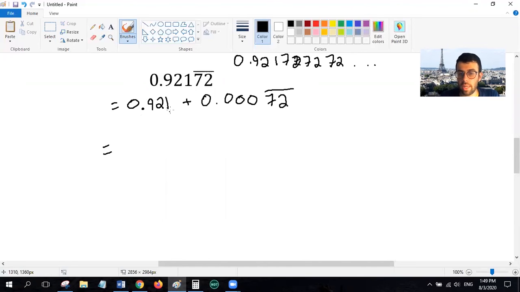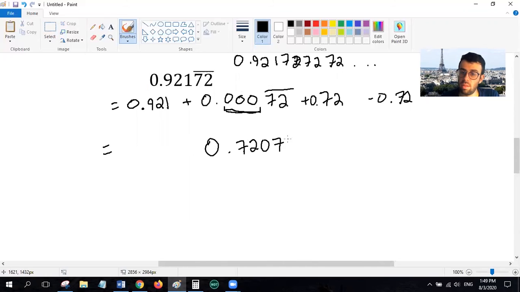So now what I want to do is I want to get this number to be 7272 repeating. The problem I'm seeing right away is if I just add, let's say, 0.72, and then I have to subtract 0.72 later since I just want to add 0, then I'm going to end up getting 0.72072 repeating.